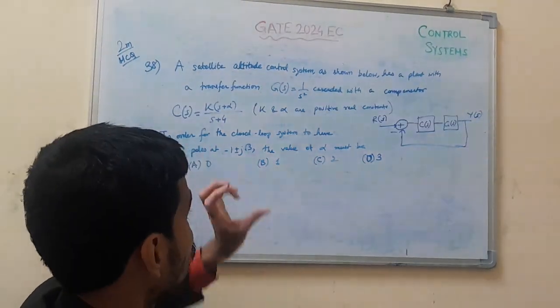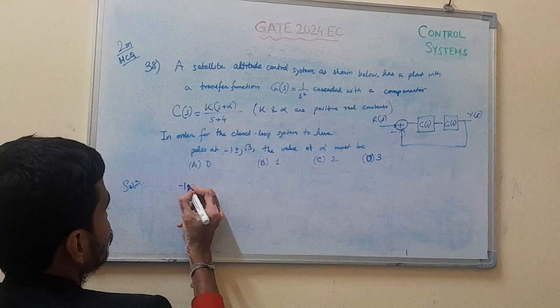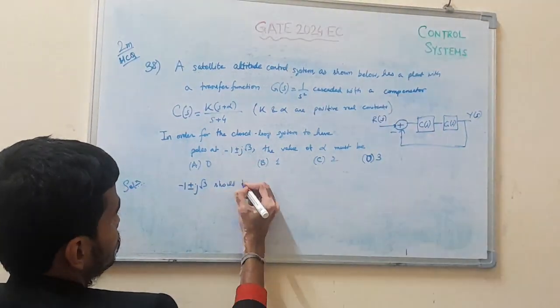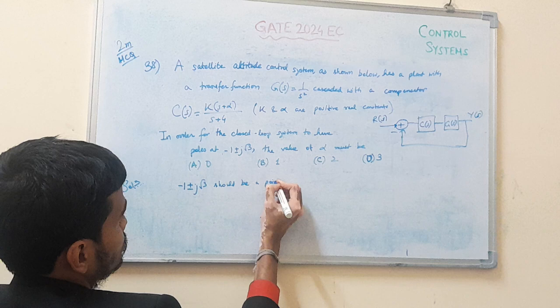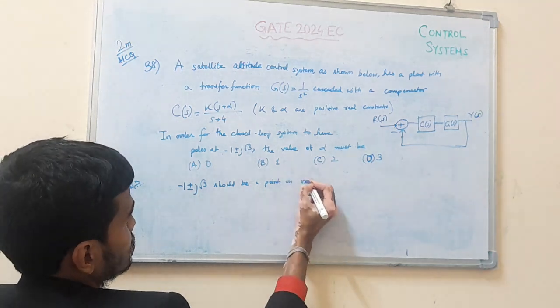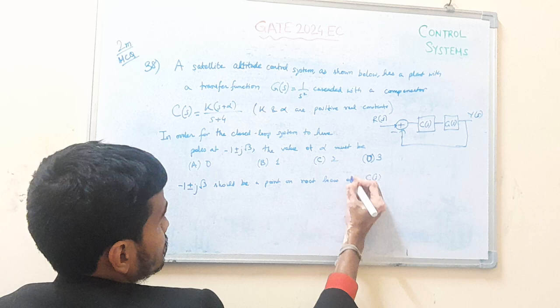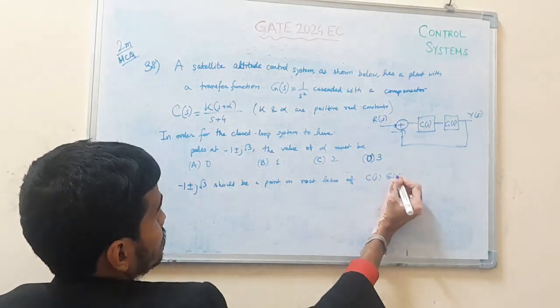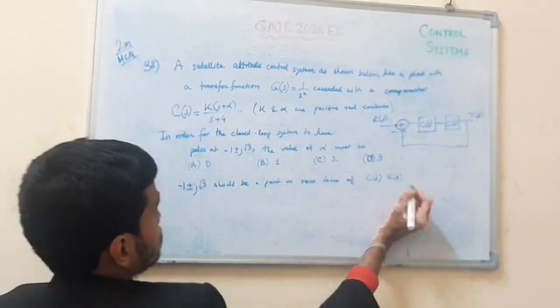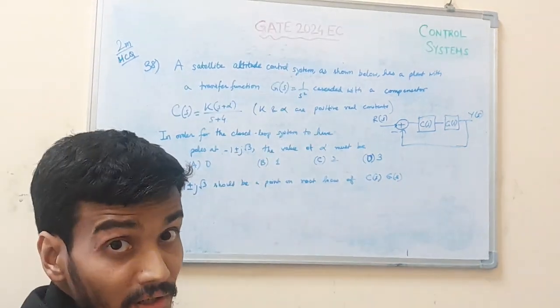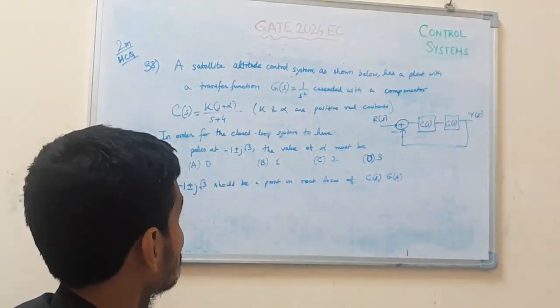So -1 ± j√3 should be a point on the root locus of C(s) times G(s).